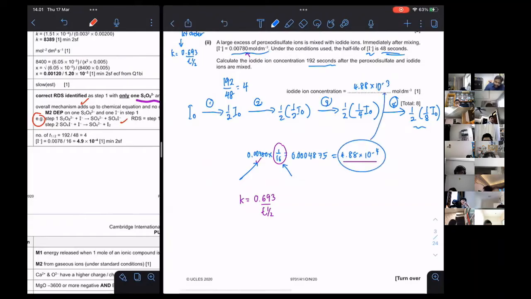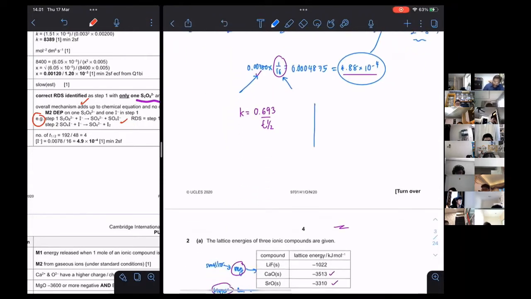In our syllabus, you should know how to use the graph to find out the half-life. Do remember, in a graph, we have 2 types of graph, but I'll just focus on one graph: if you have a reactant, the concentration is decreasing according to time.